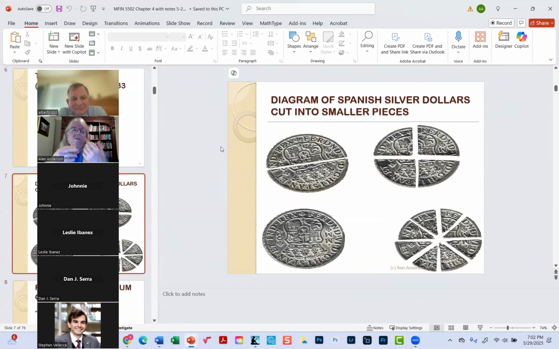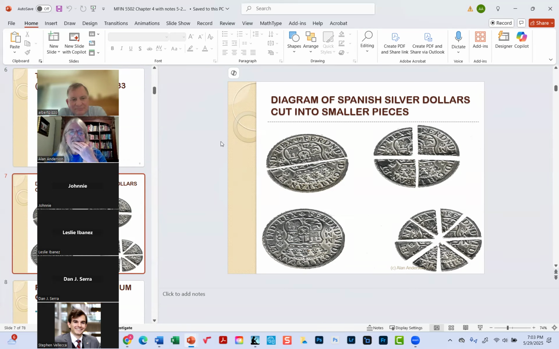And later on, eventually, when we started having enough silver to make our own quarters, quarters came to be known as 2 bits because they were worth 2 out of 8 pieces of the dollar. And in fact, stock prices were quoted as fractions up until the 1970s, if I remember correctly, for that very reason. Prices were quoted in these fractional units called bits.